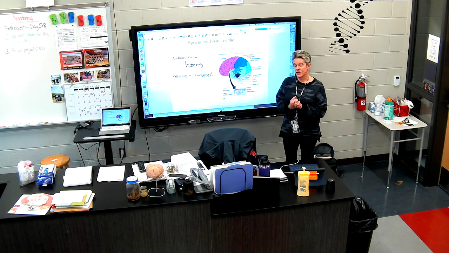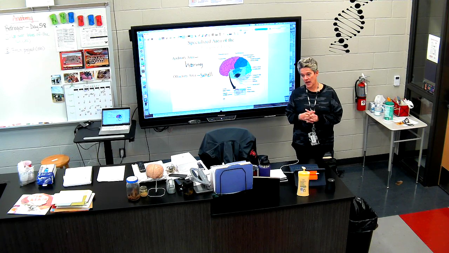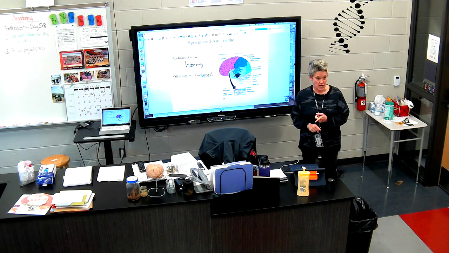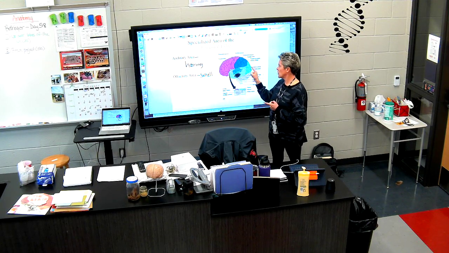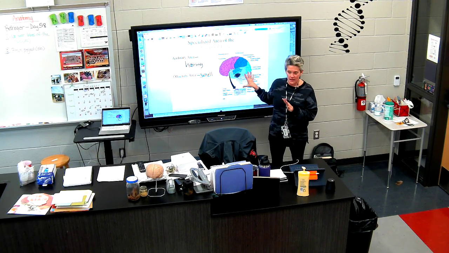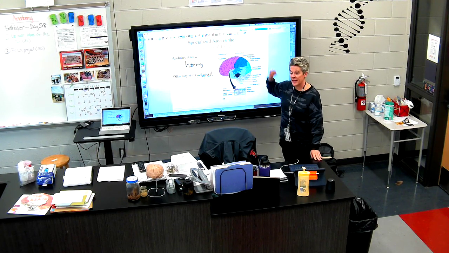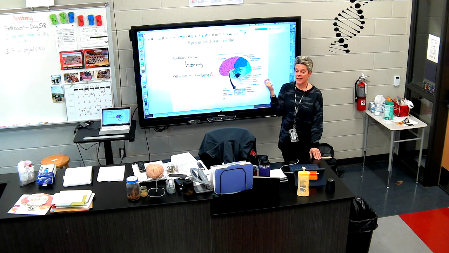So for each of those parts, remember, I should see all of your lobes labeled, whether you do it by color like this and have a key that shows the colors. And then you should have pictures that represent the function of each of those other parts.